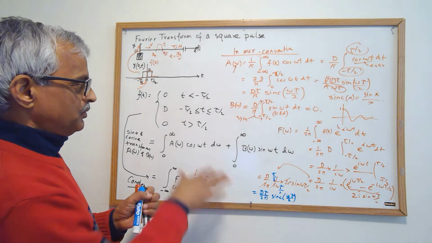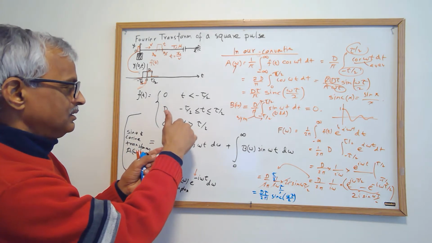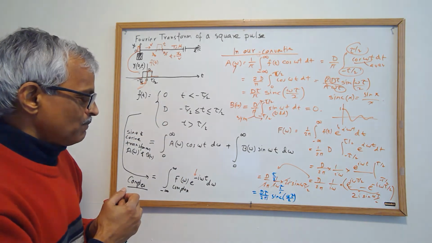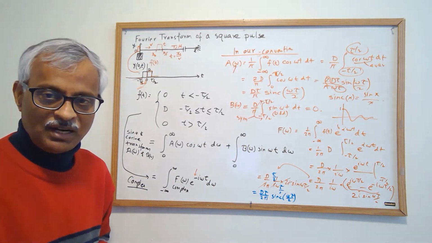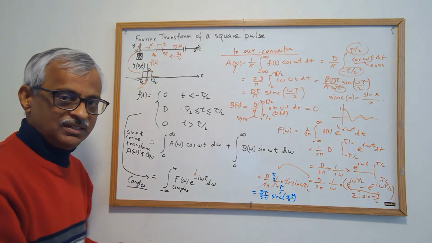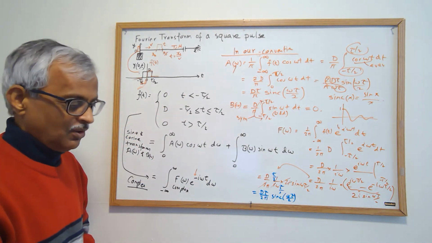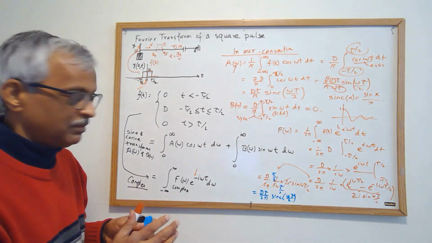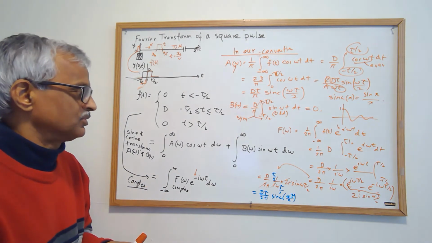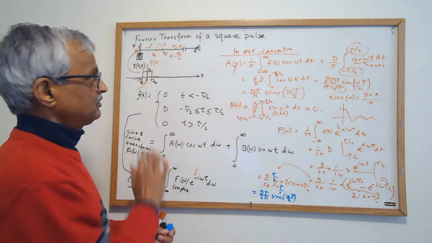So the Fourier transform that I got from here is different from that. Then we say, hey, I don't have the same function, right? But I had the same f t. How can you give me two different Fourier transforms? Well, it's not the Fourier transform itself, but actually the pair that counts.